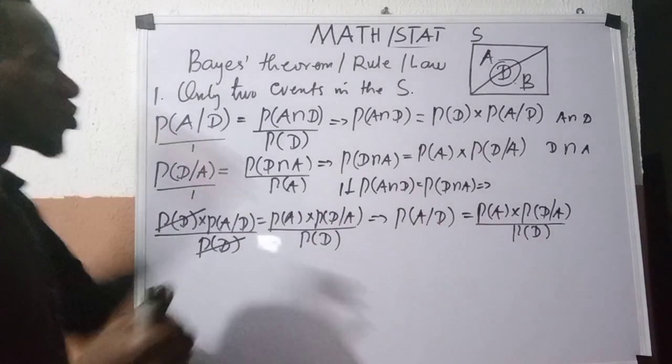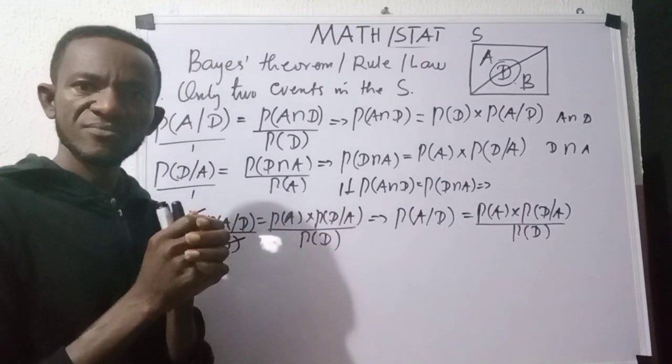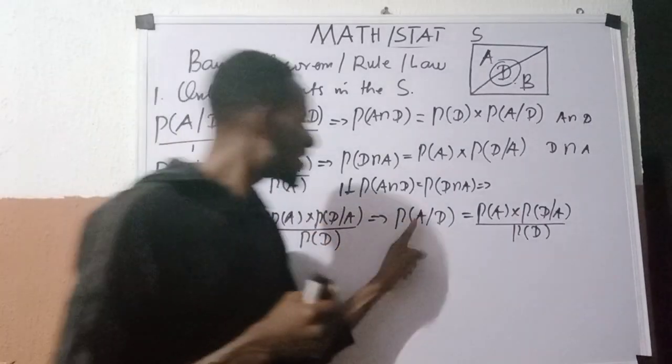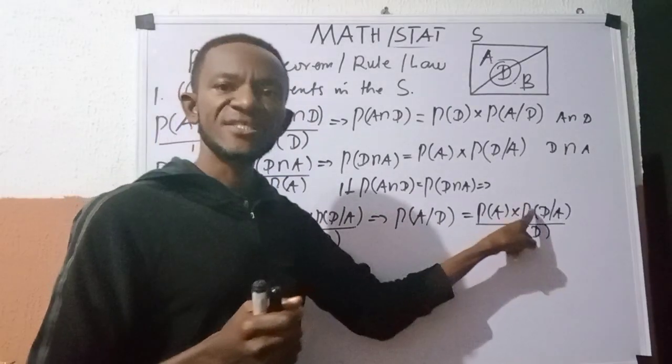There is something I want to remind you very quickly. You say that P of A given D is expressed like this.